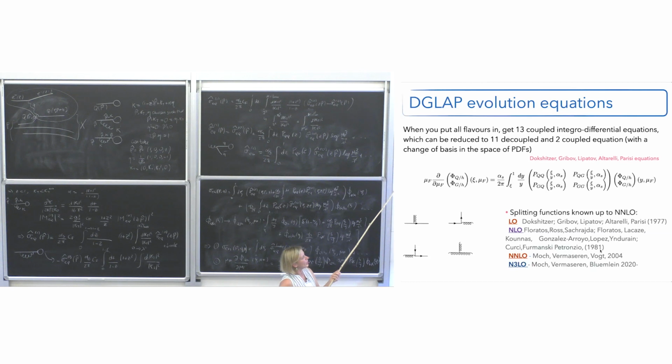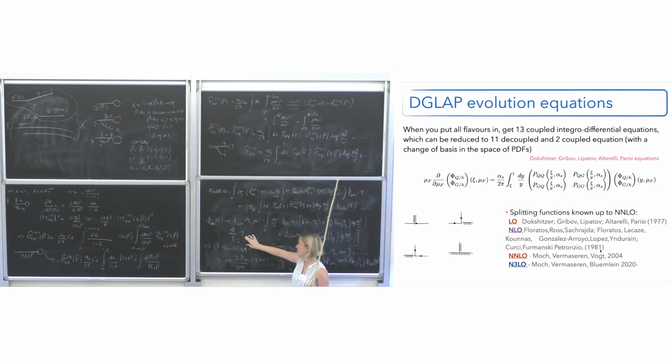Then you can always reduce these 13 times 13 integro-differential equations to 11 decoupled ones. So you form quark combinations that are decoupled from the gluon. Okay, you can basically diagonalize this matrix maximally. And if you diagonalize maximally, you have just two terms that are coupled to each other, which are the singlet and the gluon, where the singlet is the sum of all quarks and antiquarks for all flavors.